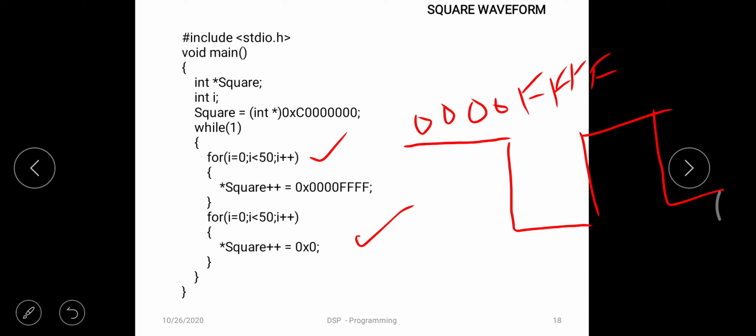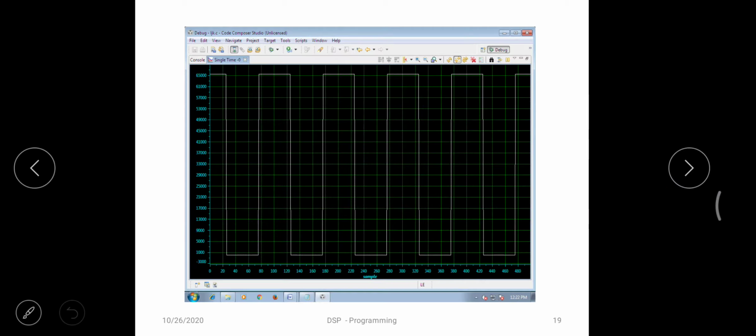For every 50 values, for i equal to 0 to 50, my value is high, and for another 50 the value is low. High, low. In such a way I have written the program. Now this will be your output.